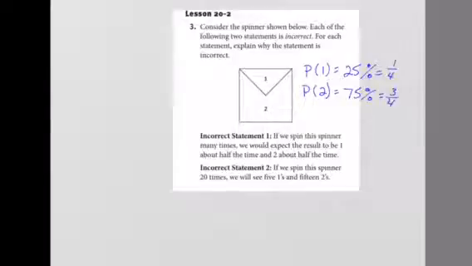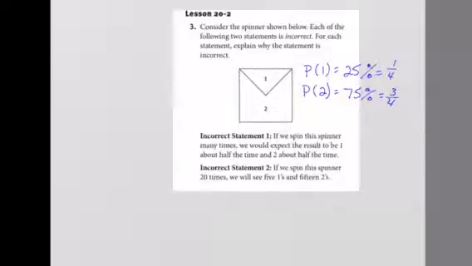So now, with that in mind, let's take a look at what each statement says. Statement 1: If we spin the spinner many times, we would expect the result to be 1 about half the time and 2 about half the time. So what they're saying is that the spinner was set up with a line going across, 50% on top and 50% on bottom.